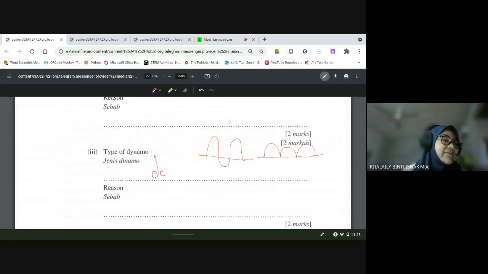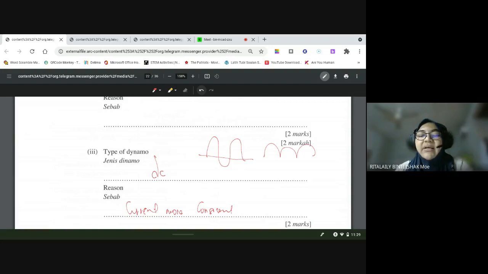The second one, DC. Okay, so type of dynamo is DC. Why? The current produced is more consistent. The AC current changes direction, but this one has only one direction. So it is more consistent. So the answer is DC.